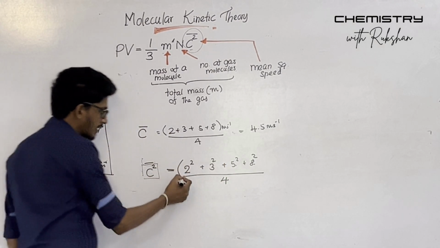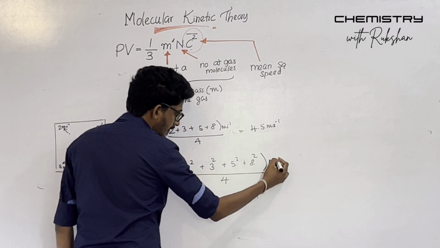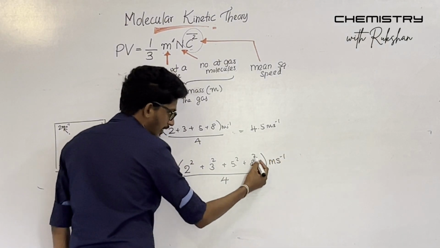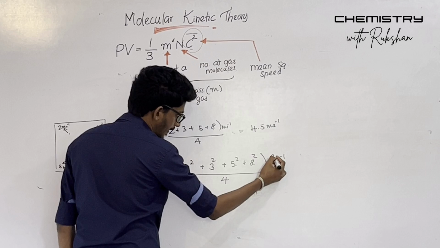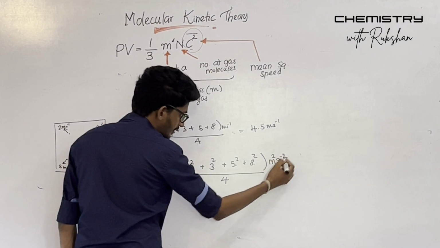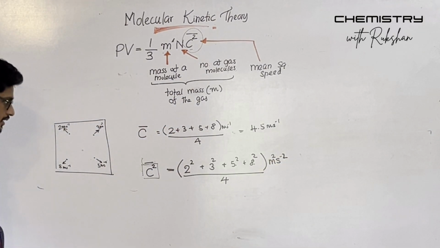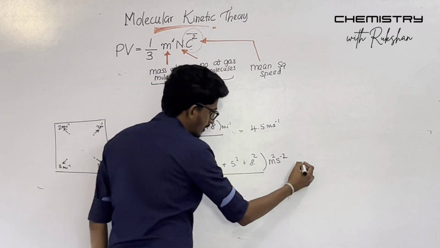What is the unit? These values come with ms minus 1 squared. So that is going to be ms minus 1 squared. So let's come up with the value.